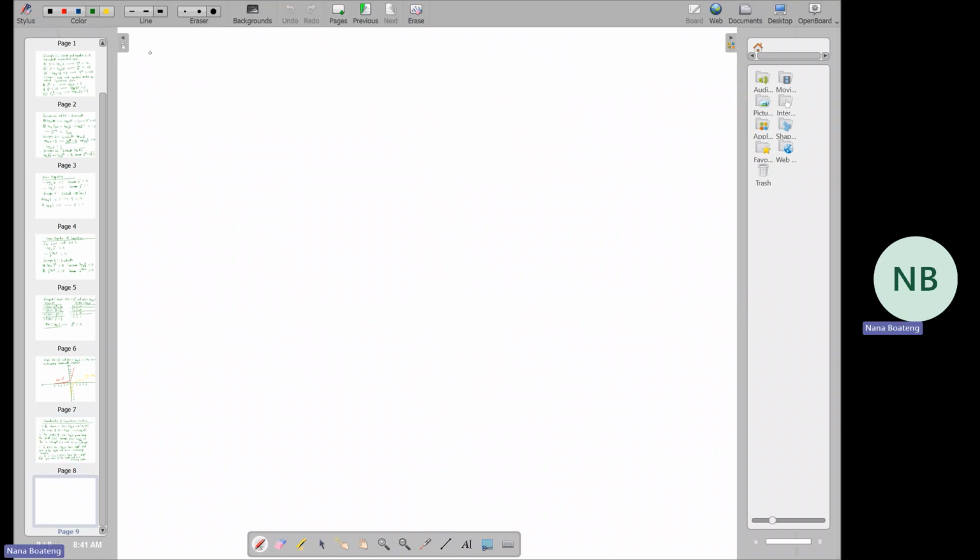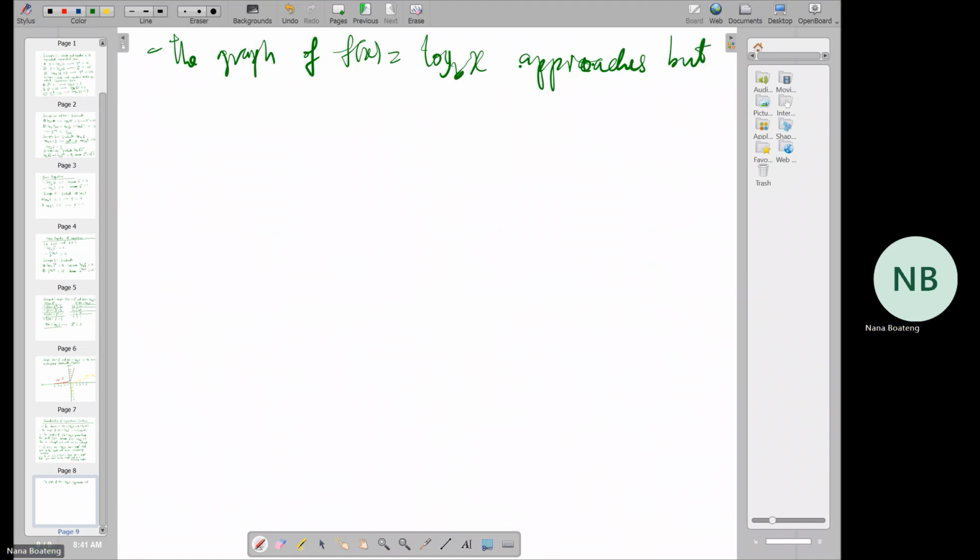The graph of f of x equal to the log base b of x approaches but does not touch the y-axis.